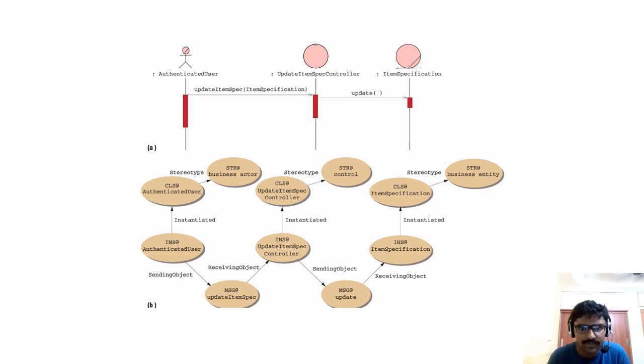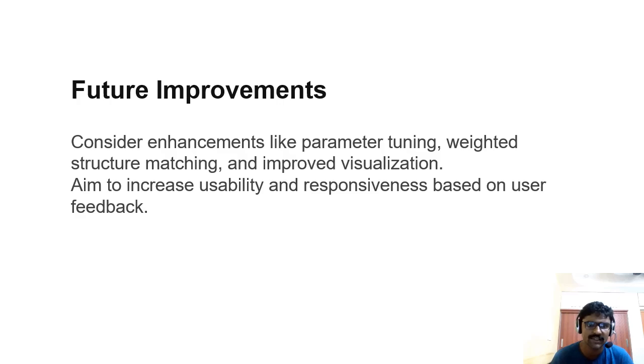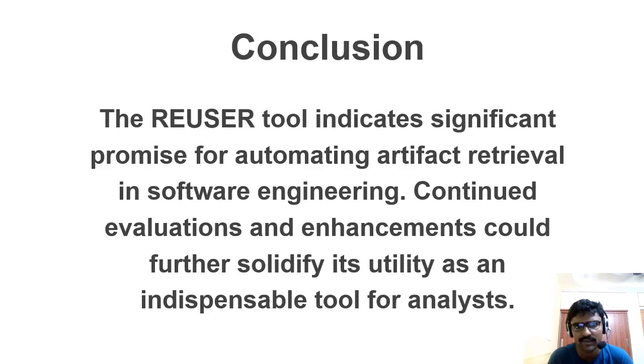Now it's about a specification and a small structure of a recommendation system. So yeah, consider enhancements like parameter tuning, weighted structure matching, and improved visualization, which aim to increase usability and responsiveness based on user feedback.